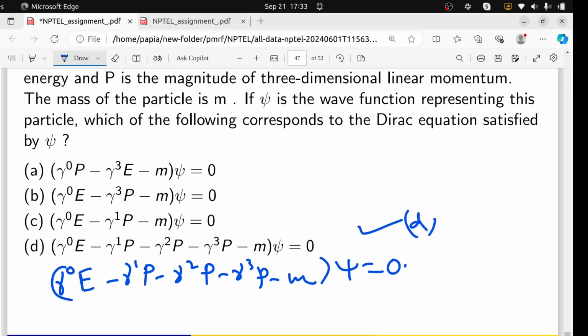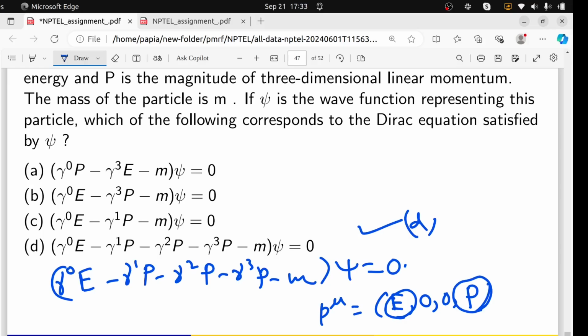Now let's check if our P mu is like E 0 0 P. This means our P0 is E and P3 is P, so only P1 and P2 are not there.